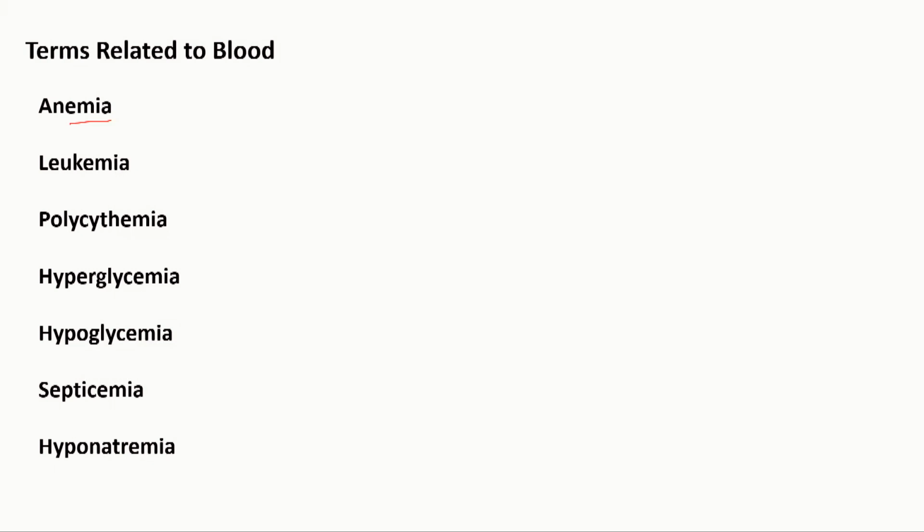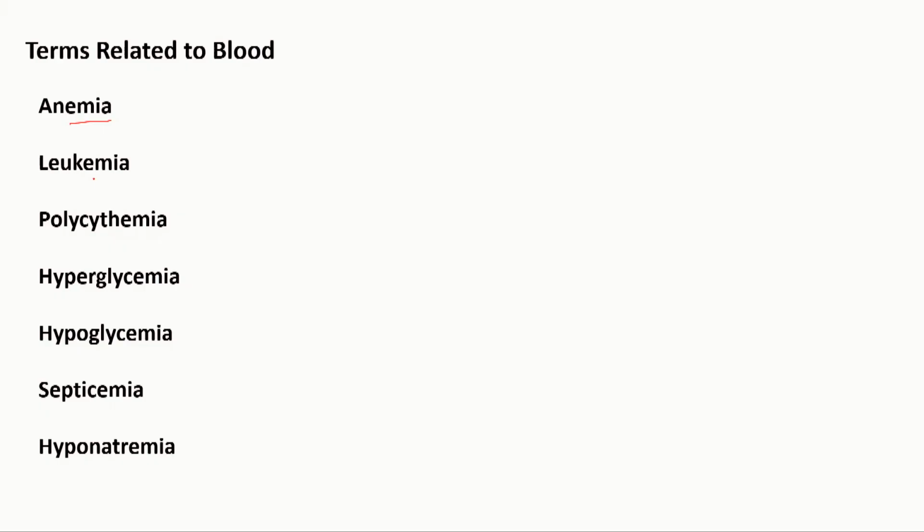We can simply define anemia as a general term where the blood is limited or blood parameters are getting lower in individuals. People suffer from problems where the blood cells need to be replenished. Anemia is a very common condition that happens in multiple conditions. There is also leukemia. Emia is again there, so it is related to blood, and the front part is leuk.